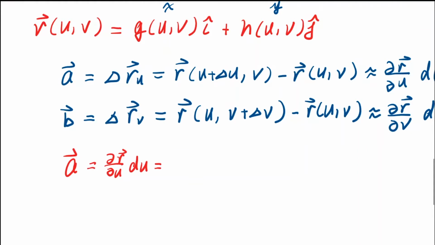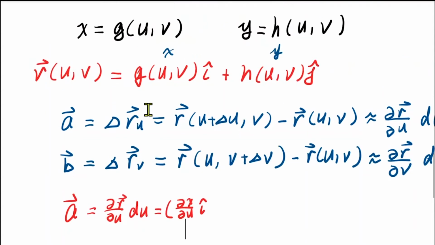This thing is x, so we'll take partial x over partial u, i vector, correct? Take a partial of this with respect to u. And then the other one will take partial of y with respect to u, j vector, correct? And then times du is what the vector is. Du is necessary to make it infinitesimally small.